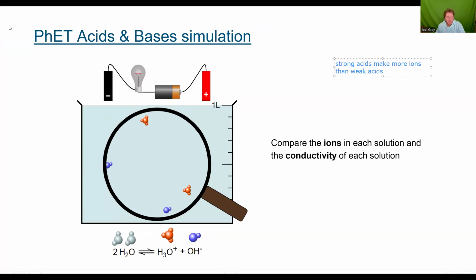And below that, strong bases make more ions than weak bases. So if an acid or a base is strong as opposed to weak, you're going to get more ions in that solution. When you get more ions in that solution, it is a better conductor of electricity.